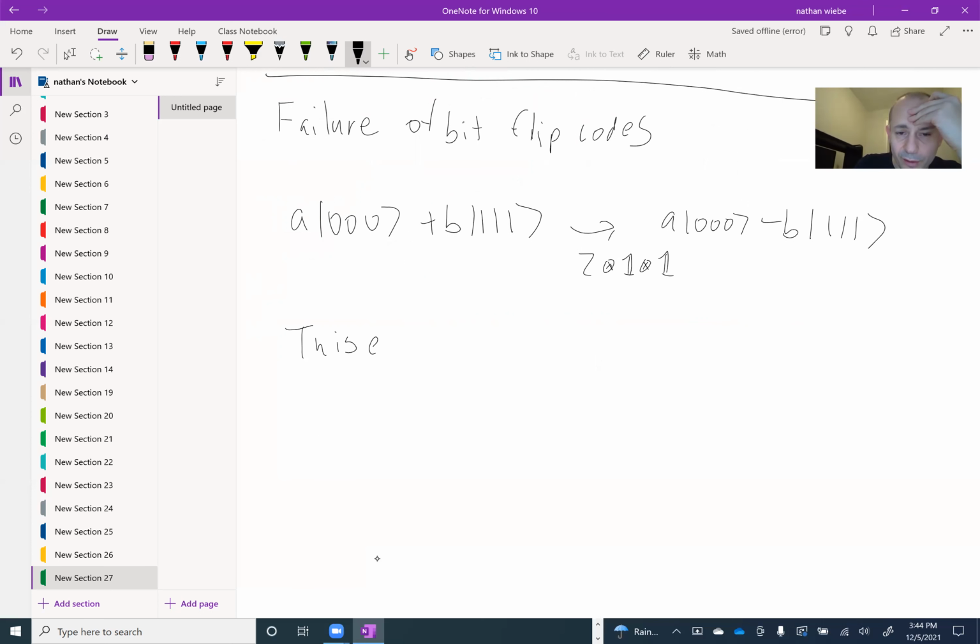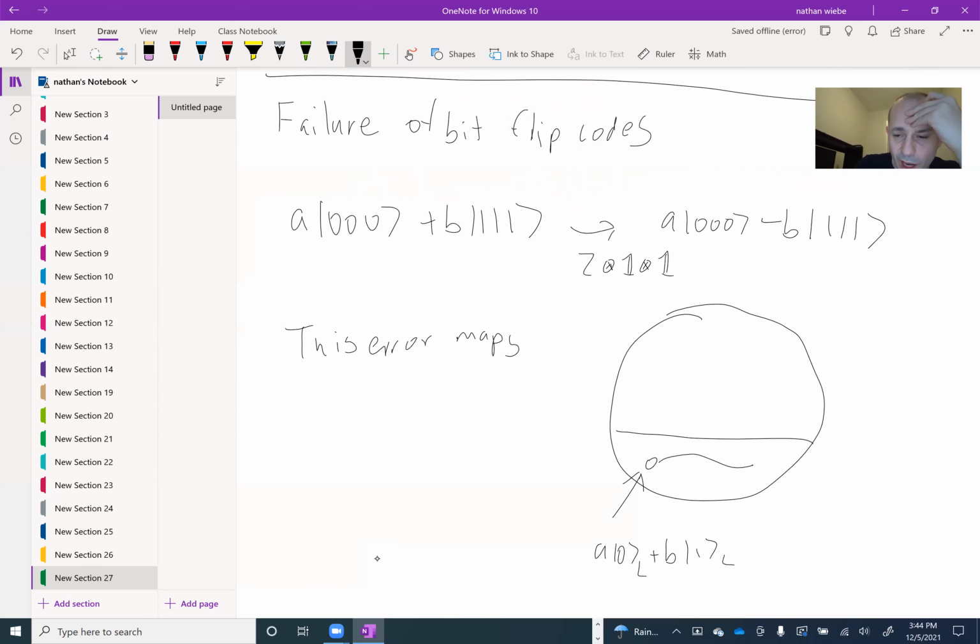This error maps something of the following. What it does is it takes this vector that we have over here, and it will map us to another vector inside the space that's of the form A 0 logical minus B 1 logical.